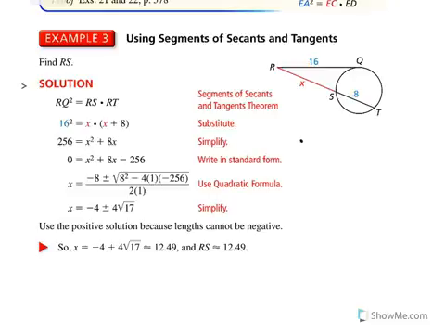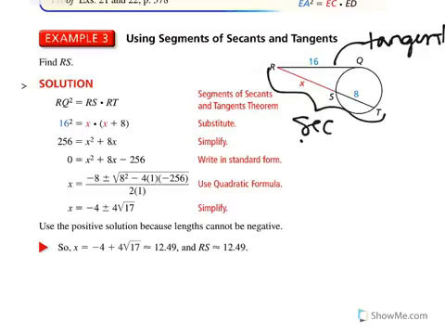So for example, here we have our tangent line, which is RQ, and then we have our secant line, which is RT. So if you take a look here, we have RQ squared is equal to RS, which is this outside piece, times RT, which is this whole line.